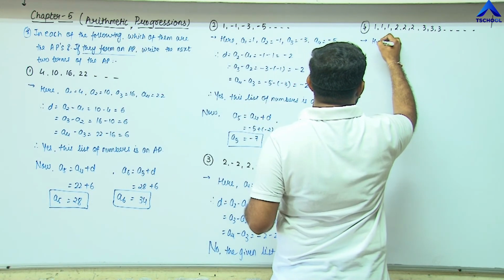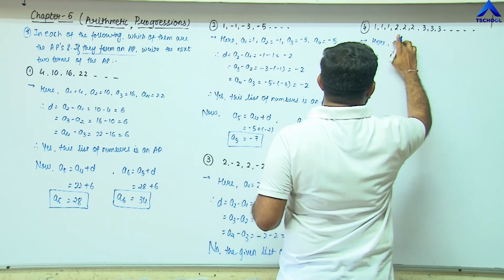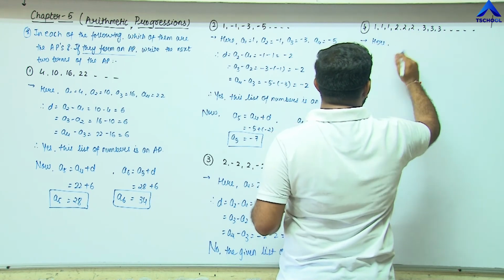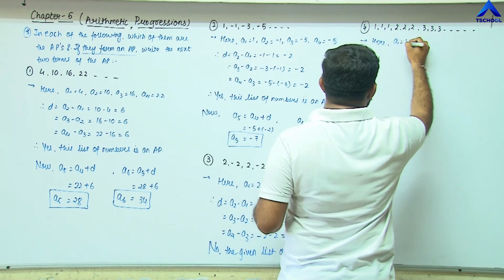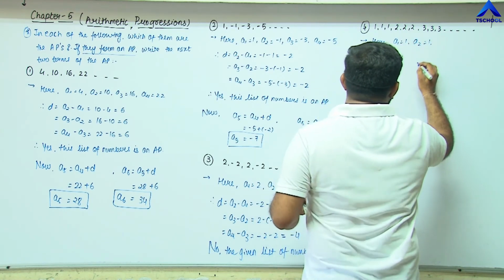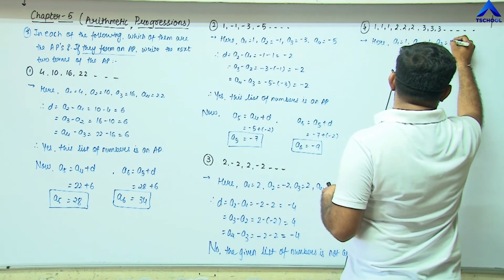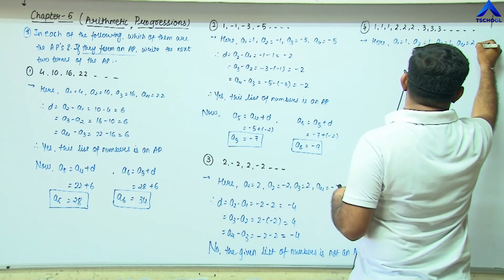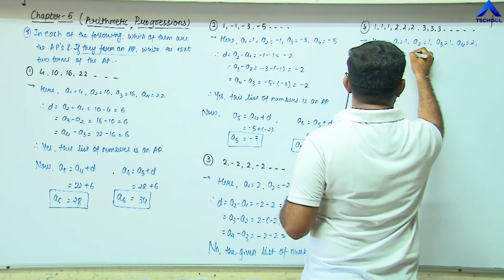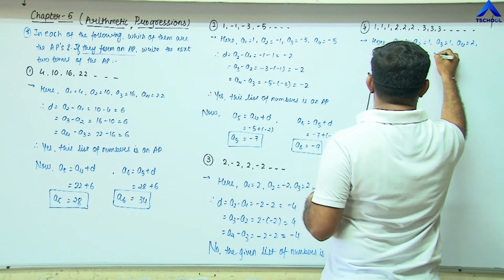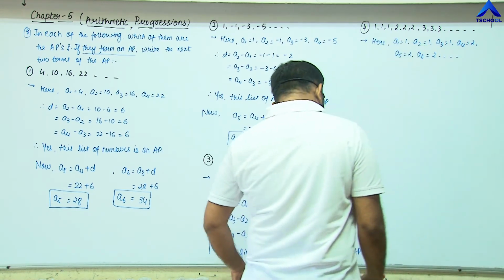Here, a1 we shall do up to 4 or 5. a1 equals 1, a2 equals 1, a3 equals 1, a4 equals 2, a5 equals 2, a6 equals 2, and so on.